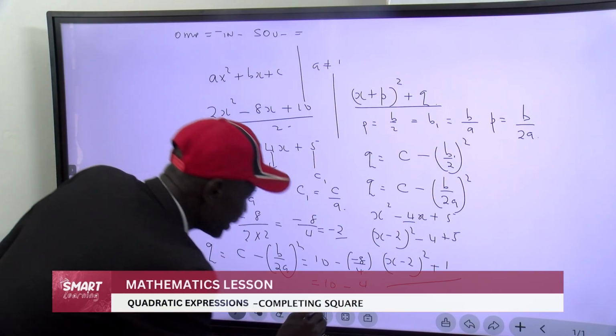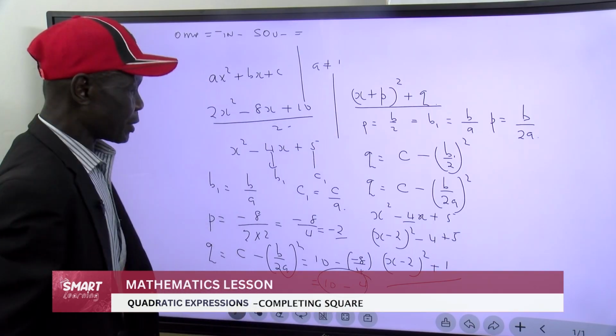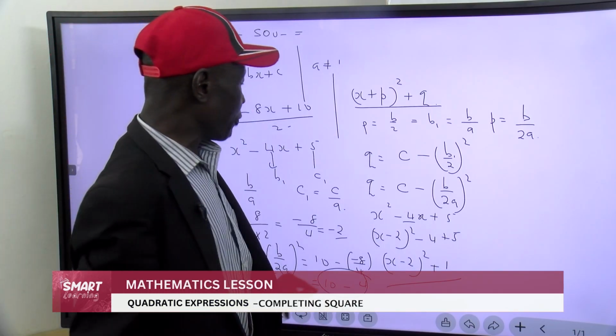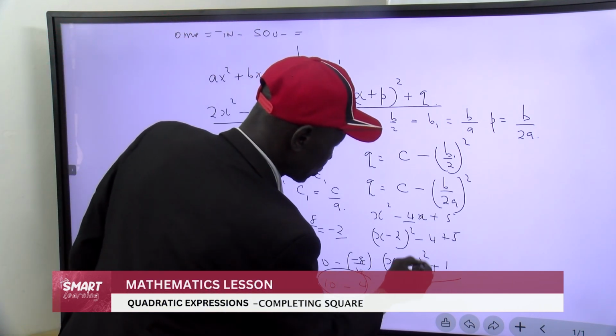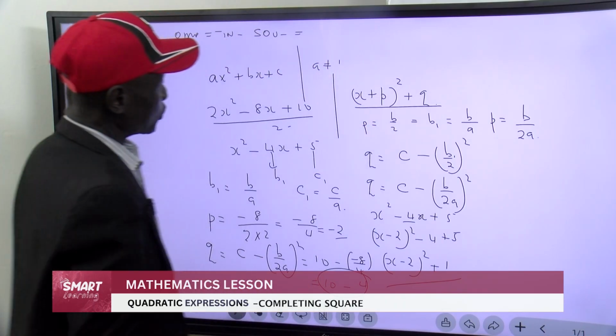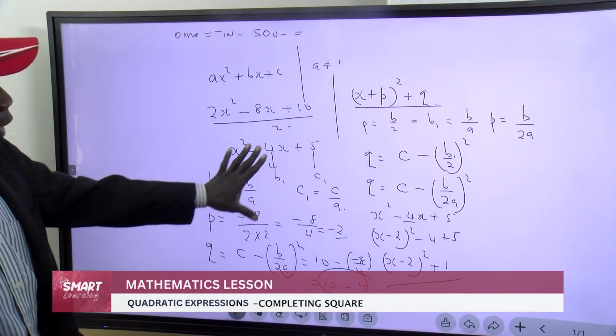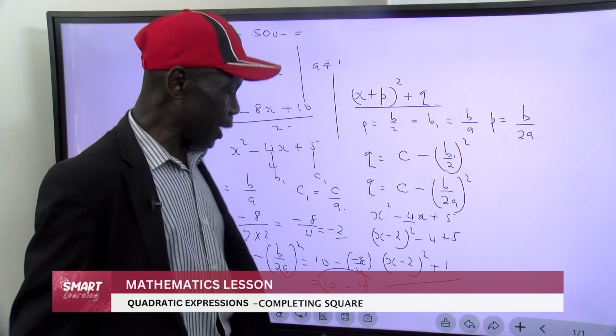But remember, this one is going to give us something which we have to divide by 2. So we should get exactly the same thing, which is x minus 2 squared plus 1. So it's easy to use the formula, but you can also go step by step.